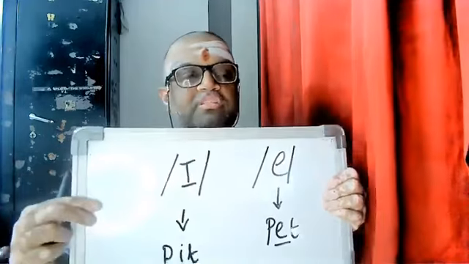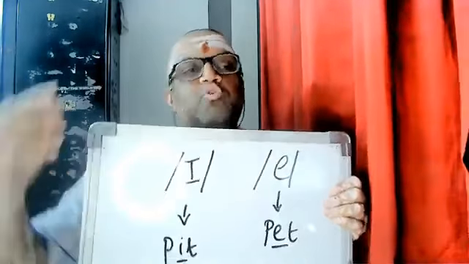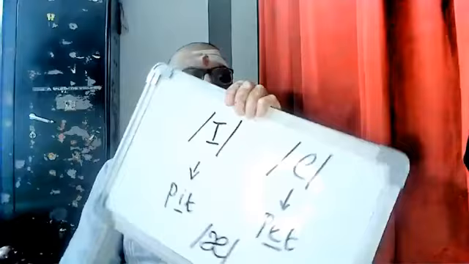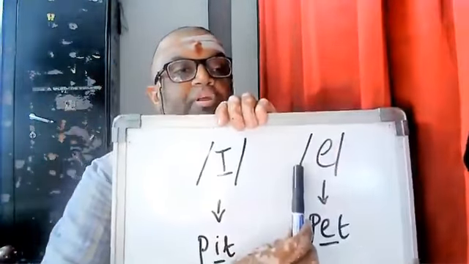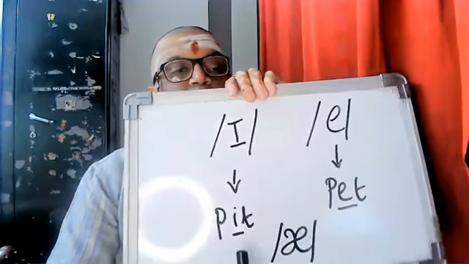Now what about this sound? You open your mouth a bit more and you get this sound. Let me write it for you so that you understand what sound I'm talking about. For this sound you open your mouth a bit more.